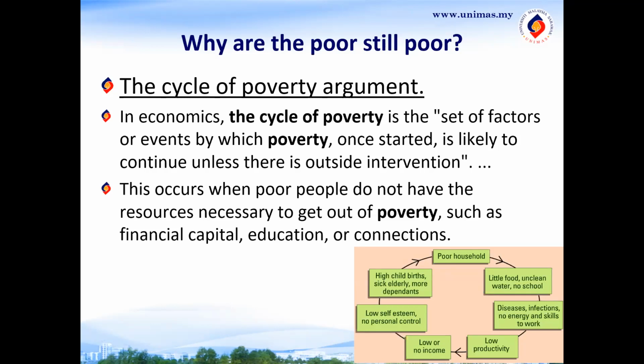So this is more or less the concept of the cycle of poverty. Being poor, if there is nothing done to stop that cycle, it will repeat itself.